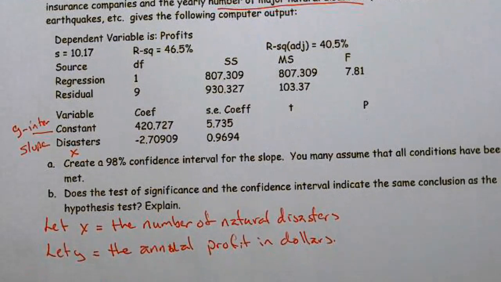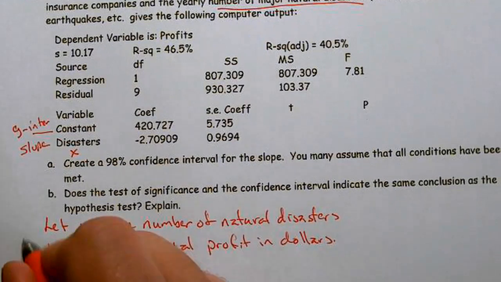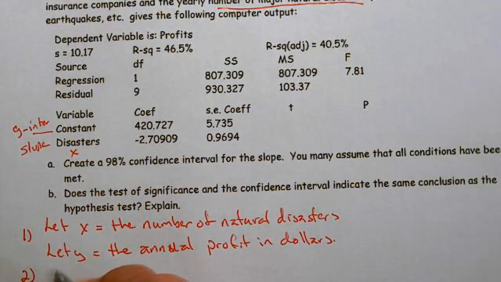The next thing we need to do is find beta 1 in context. So this was number 1. Number 2 is defining beta 1.